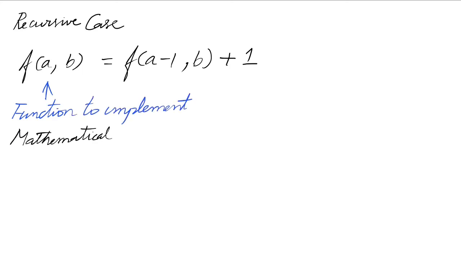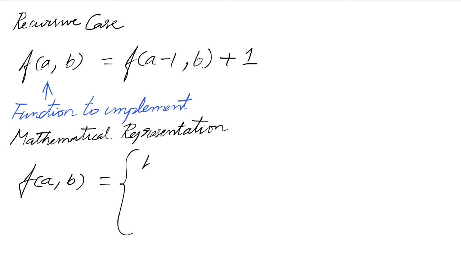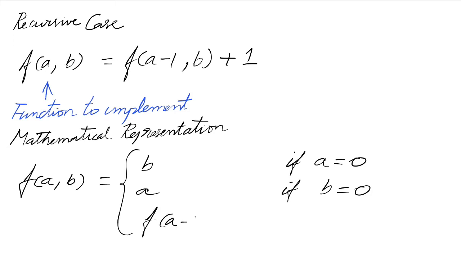The mathematical representation that includes the base cases and recursive cases is shown as f of a comma b equals b if a equals 0, equals a if b equals 0, f of a minus 1 comma b plus 1 if a is greater than 0 and b is greater than 0.